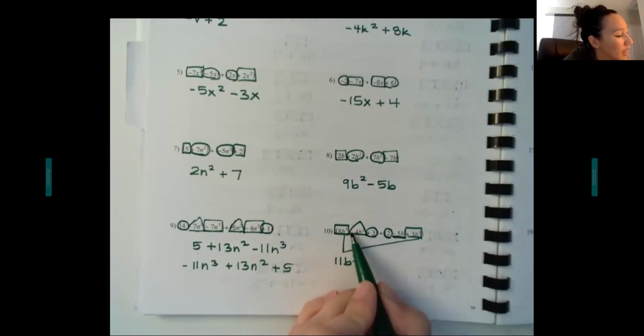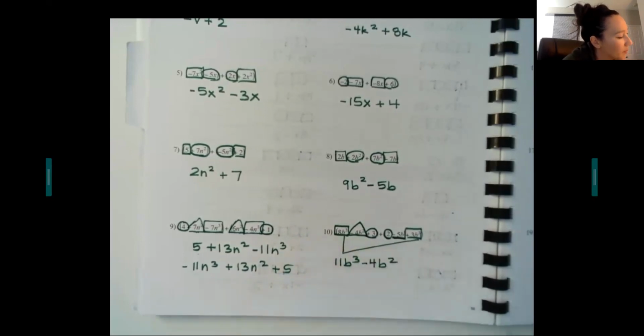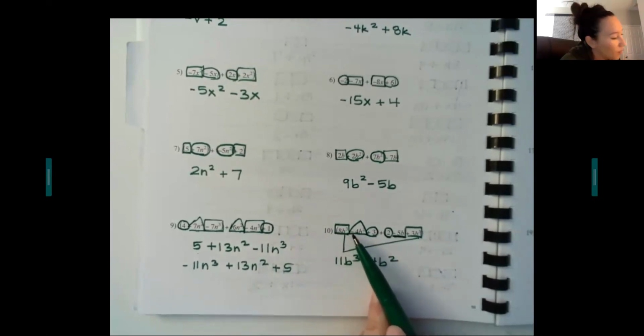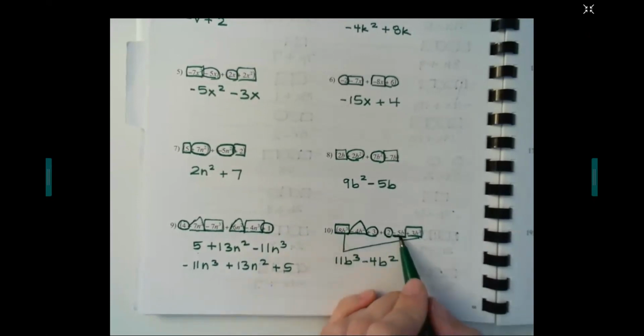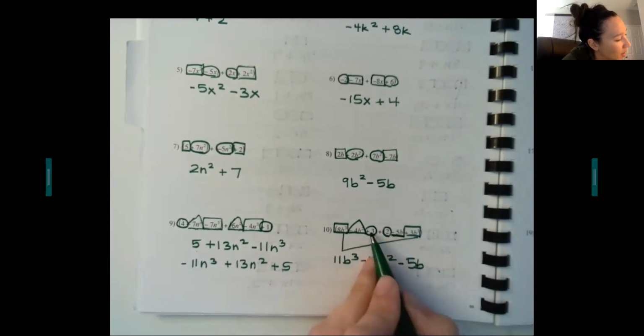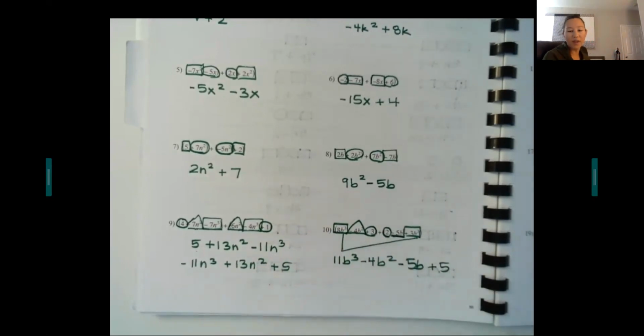Okay, since it's a negative 4b to the second power, we're going to want to do minus 4b squared. So don't forget that negative. But you're right. Then the b squared, and then the 5b, and then plus the 5. And then the minus the 5b right there. And then we can combine the 3 and the 2, which is positive 5. Very good.